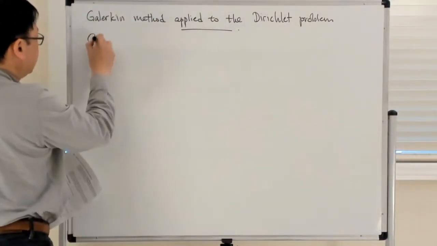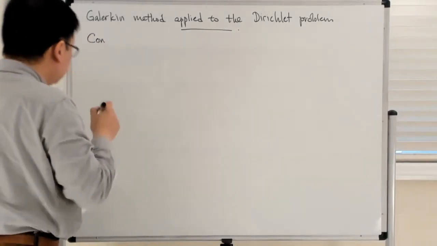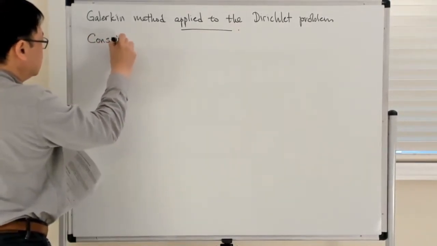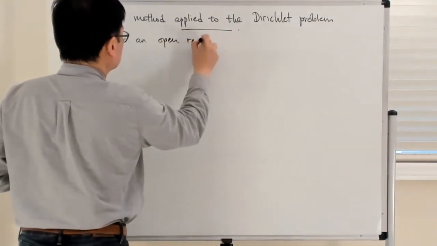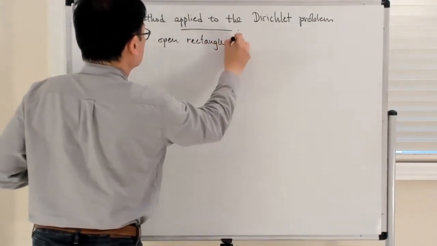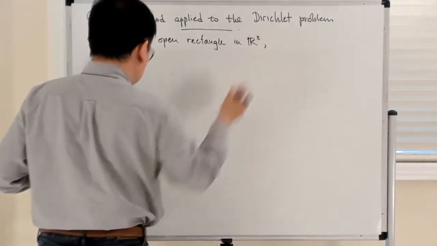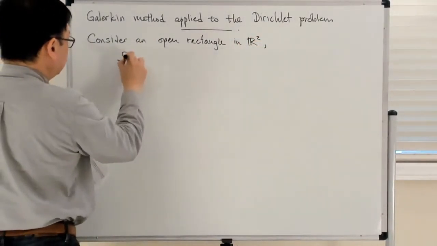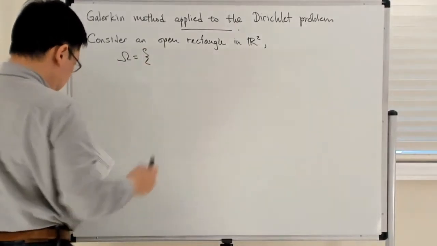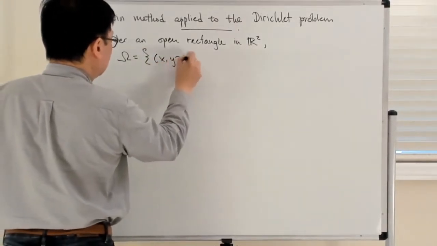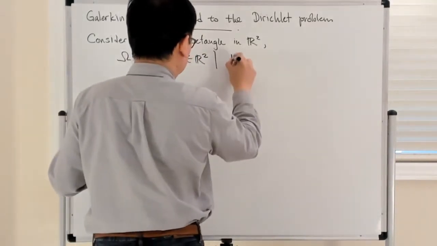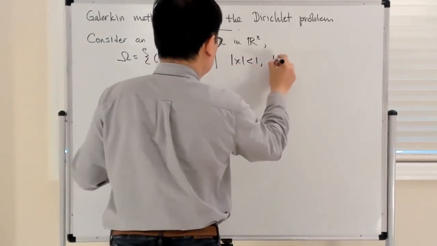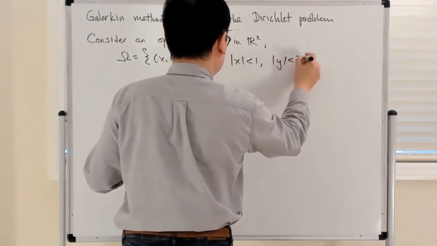Let's consider an open rectangle in the plane, which we denote by omega. So omega is a set of points (x, y) in R2 with the property that the absolute value of x is less than 1, the absolute value of y is less than 2.